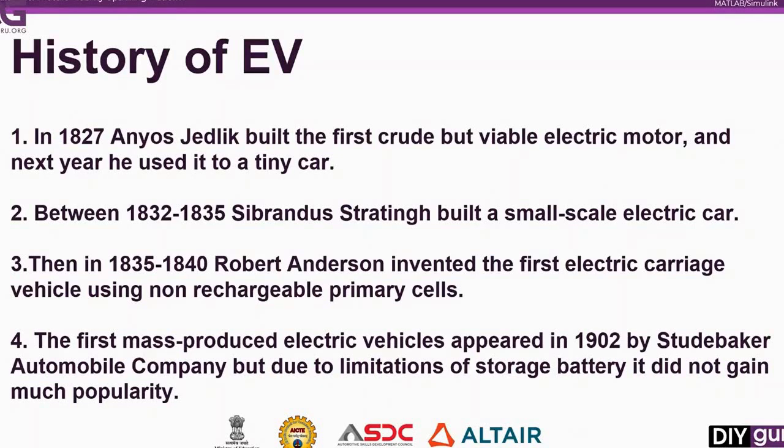The first mass-produced electric vehicles started to appear in the Americas in the early 1900s. In 1902, the Studebaker company entered the automotive business with an electric vehicle, though later they entered with gasoline vehicles as well.